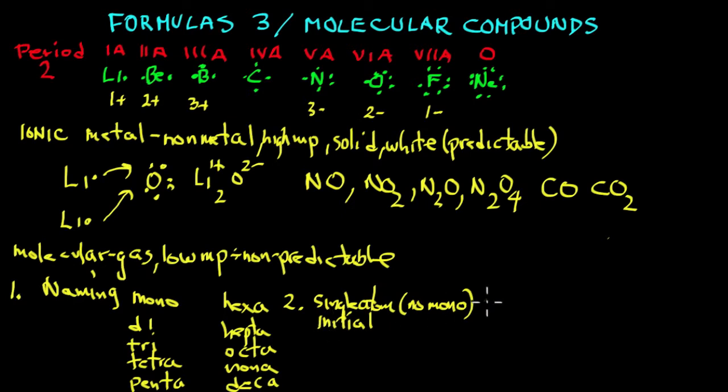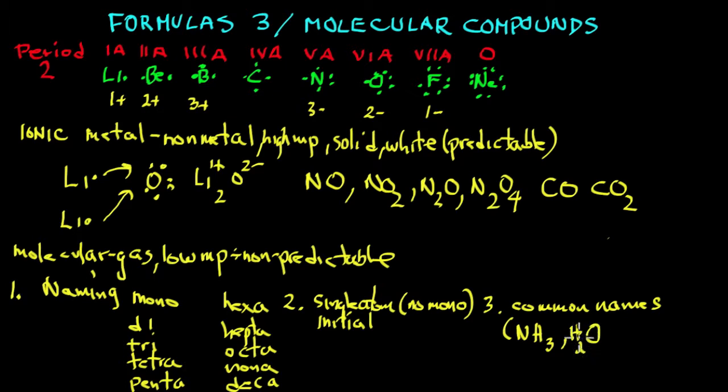Another thing to keep in mind as you name these, there are some common names. And we'll just list these out. For instance, a common name could be NH3. This would normally be called nitrogen trihydride, but this common name is ammonia. Here's one you're familiar with.